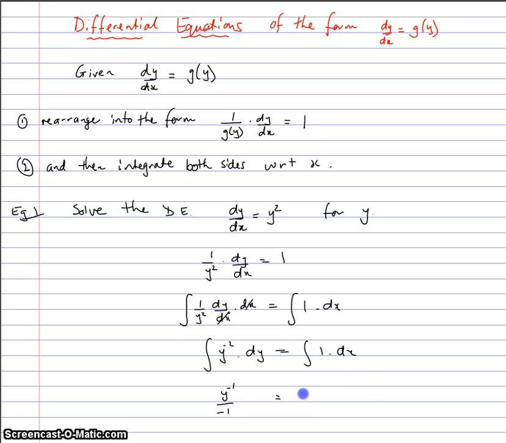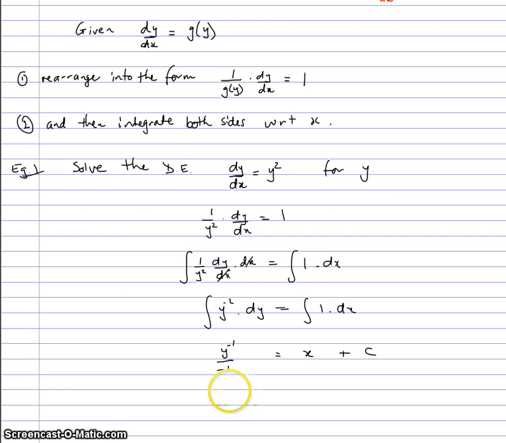equals x plus c. We don't need to worry about a constant term on both sides. Let's just simplify it and have a constant on one of the sides. So now, on the left-hand side we have negative 1 over y equals x plus c.